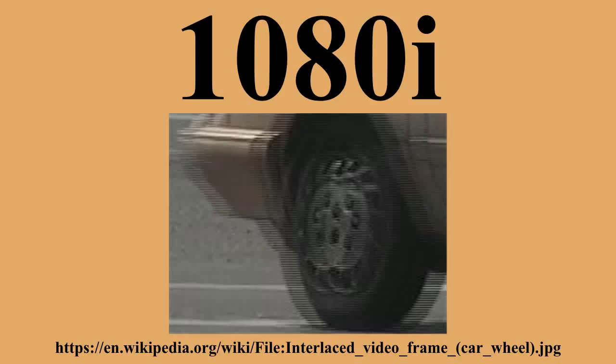Preferably video material with 50 or 60 motion phases per second is to be converted to 50p or 60p before display. Worldwide, most HD channels on satellite and cable broadcast in 1080i.